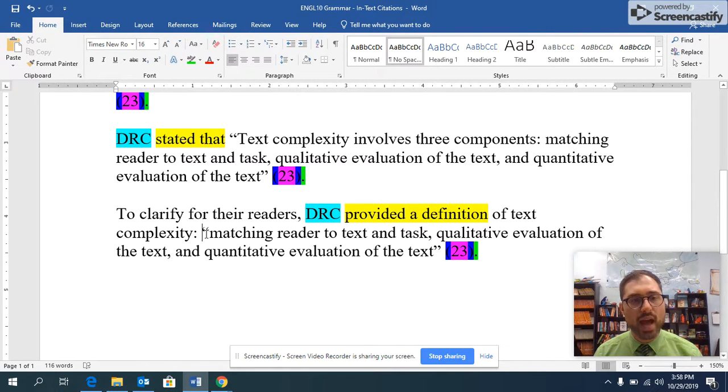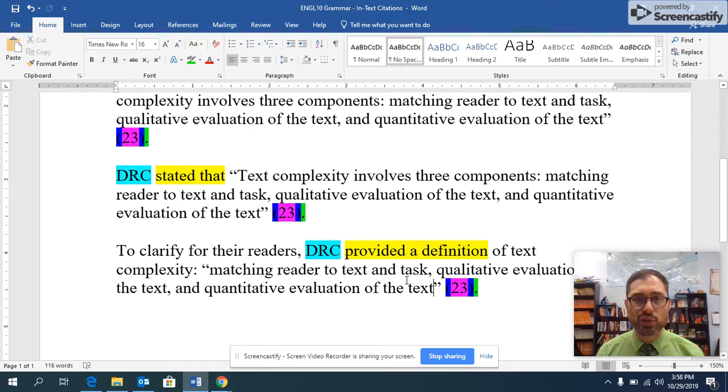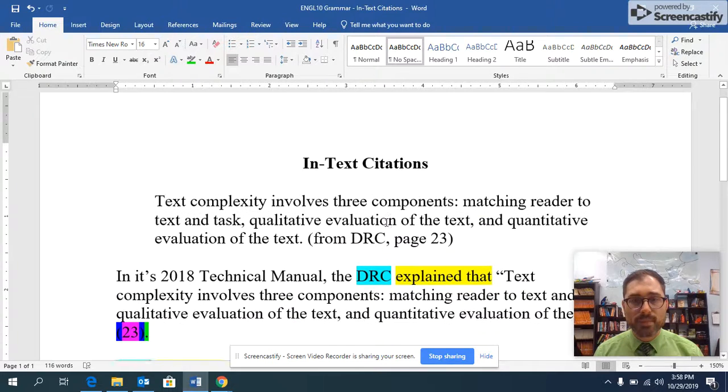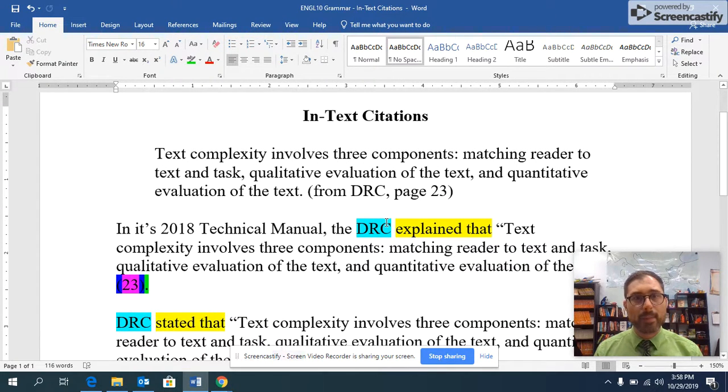I give the colon, I quote that part of the sentence, and I still end with my parentheses, number, parentheses, period. So these are some ways that we can introduce other authors' words and how we're going to weave that in. Now, following each of these citations, we need our cement or our analysis that connects everything. But here are some ways that we can introduce words so we know what source we are quoting from.